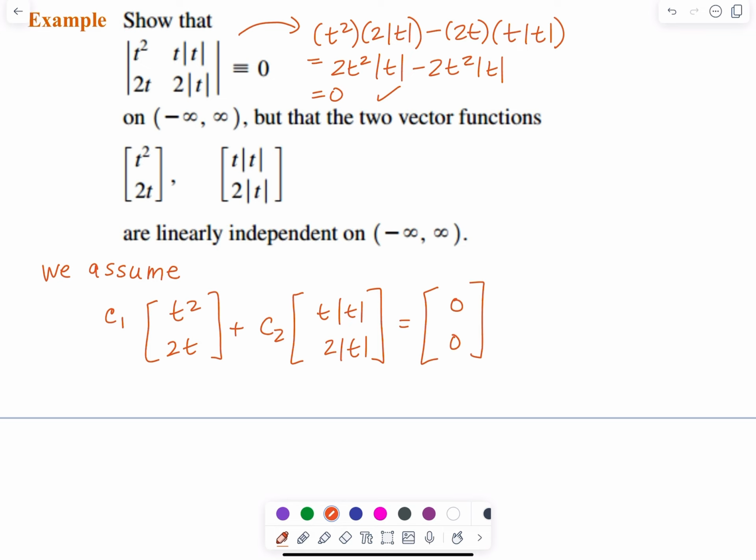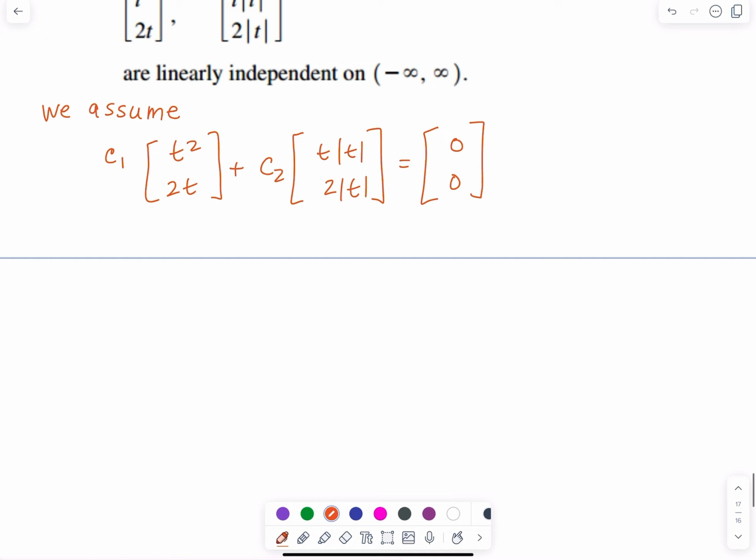Well, this implies that C1 t squared plus C2 t times the absolute value of t is equal to 0, and C1 multiplied by 2 t plus C2 multiplied by 2 times the absolute value of t is equal to 0.